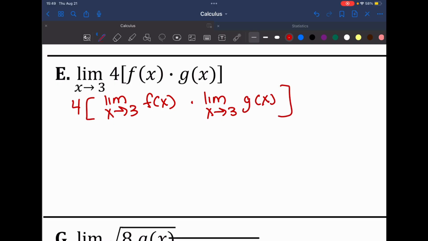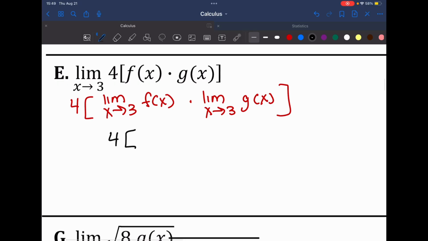Okay. The limit for f of x is going to be 6. So I have 4 bracket 6 times, and then the limit for g of x, I'm going to notice does not exist. Okay, so since I have any part of this that does not exist, that means this entire limit cannot happen.